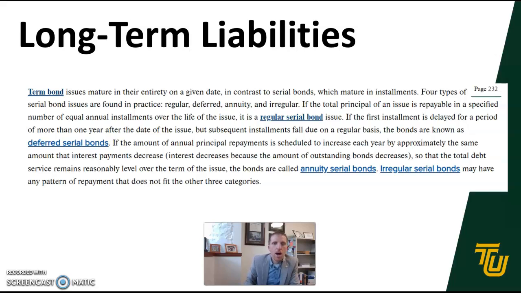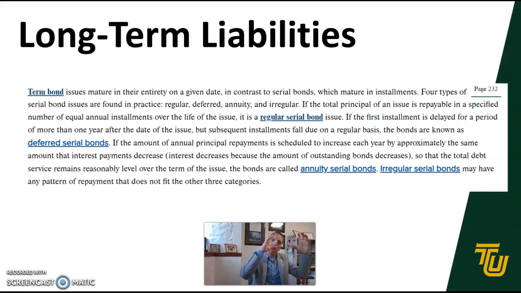Okay. If the amount of the annual principal repayment is scheduled to increase each year by approximately the same amount, right, on a serial bond, just like a mortgage or a car loan, if we're paying off 100 grand and 100 grand and 100 grand, then the interest is also going down, right?